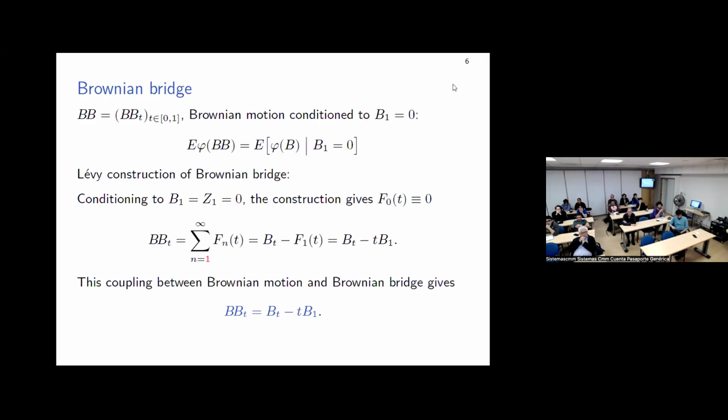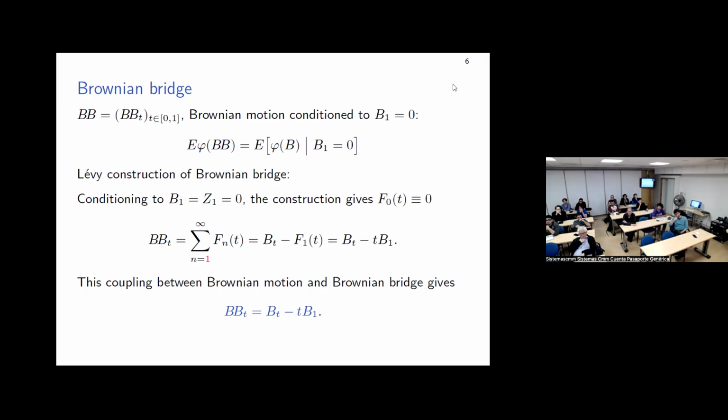Okay, so then Brownian bridge. Brownian bridge is Brownian motion conditioned to arrive at 0 at time 1. The formal expression is that you take a test function phi depending on the trajectory. I will call BB the Brownian bridge, and B is Brownian motion, so you have a function of the trajectory.